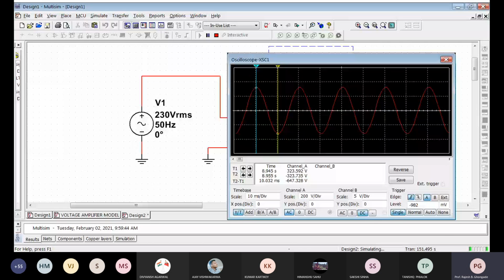Can you please do the calculation? 230 into square root of 2. What do you get? Come on, use your calculators.